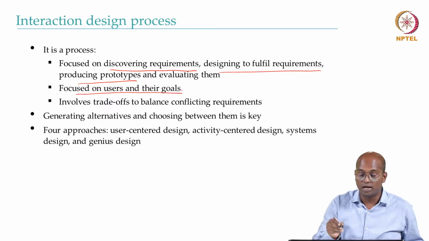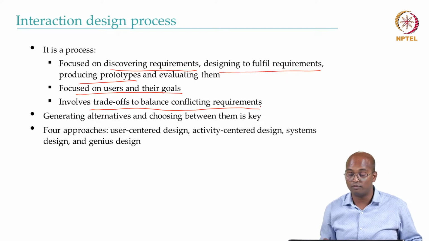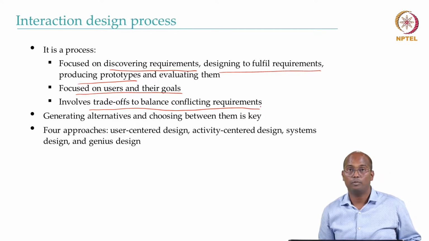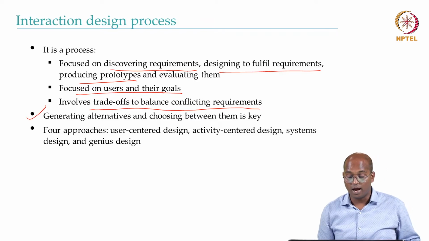Focus on users and their goals, and involve a trade-off to balance conflicting requirements, because often users may have different requirements which may be contrasting, which may be basically opposite to each other. In that case, which one to choose? Generate alternatives, and choosing between them is key.